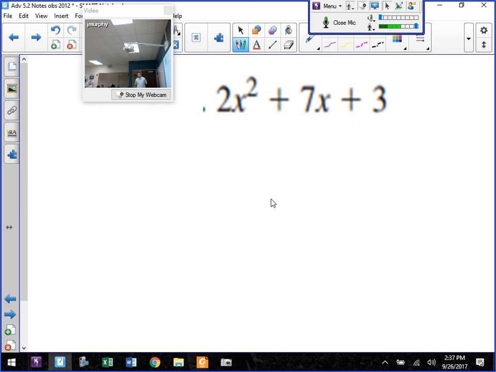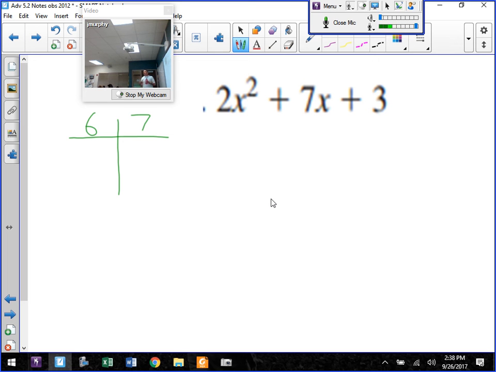2x squared plus 7x plus 3. Which means you're going to ask yourself what times what is 6 and adds together to get 7. 6 and 1.